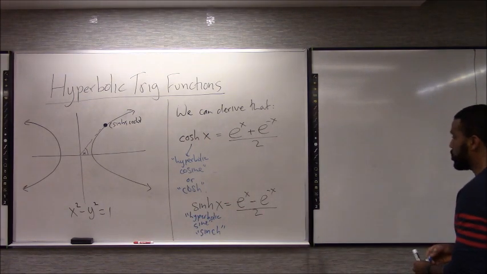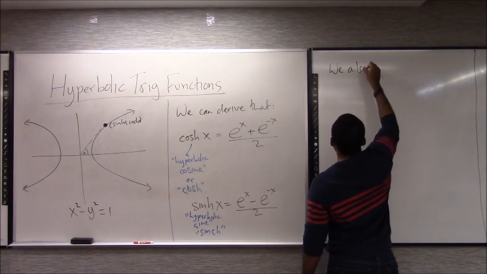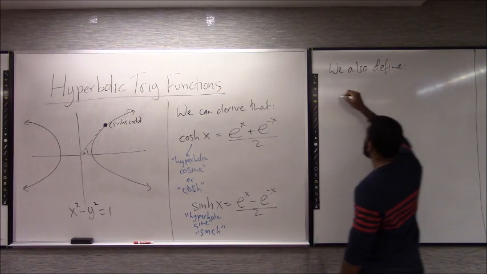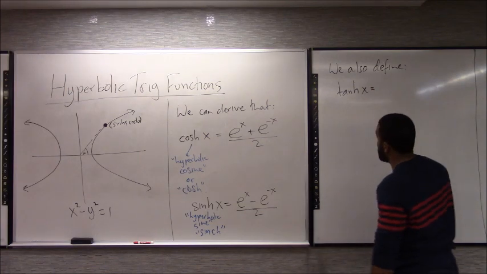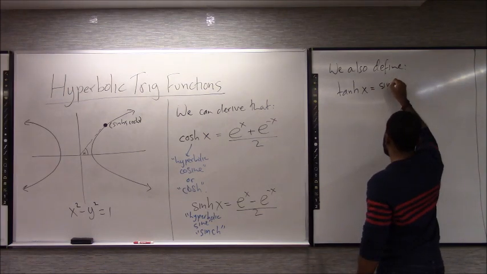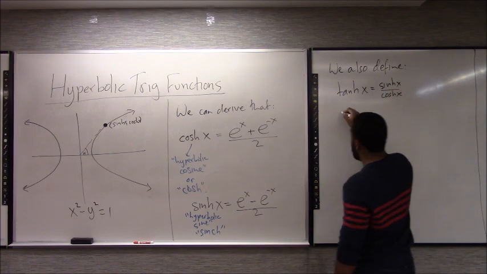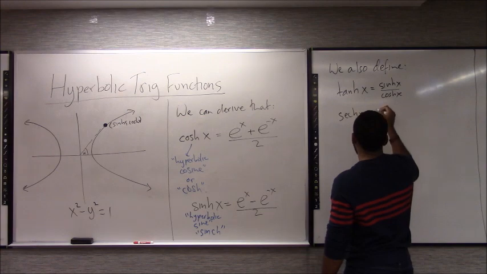So these are the two main functions here that measure the coordinates, and we also define the others, like what we call the tanh, the hyperbolic tangent. This is going to be sinh over cosh. We can define the hyperbolic secant, which is 1 over cosh.